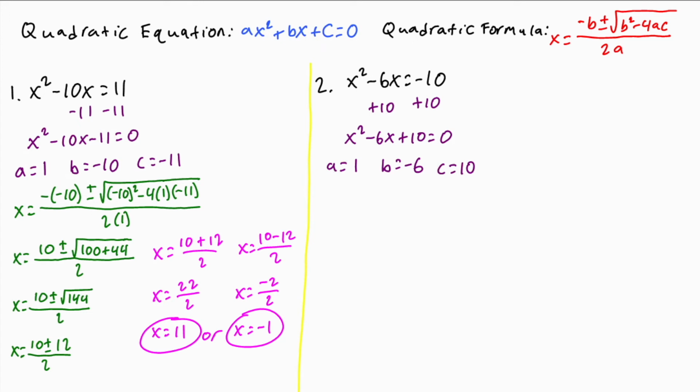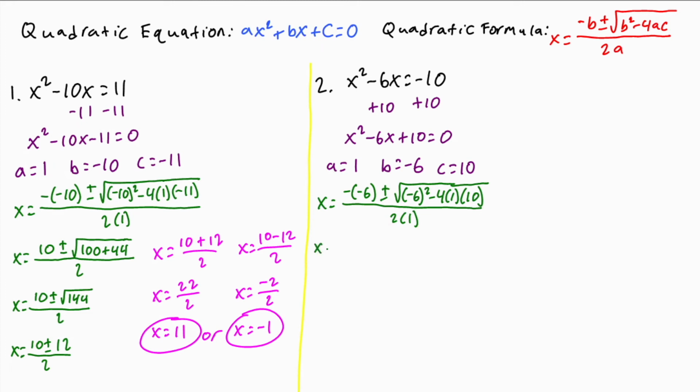Then we plug this all in to the quadratic formula. So x equals negative negative 6 plus or minus the square root of negative 6 squared minus 4 times 1 times 10, all over 2 times 1.